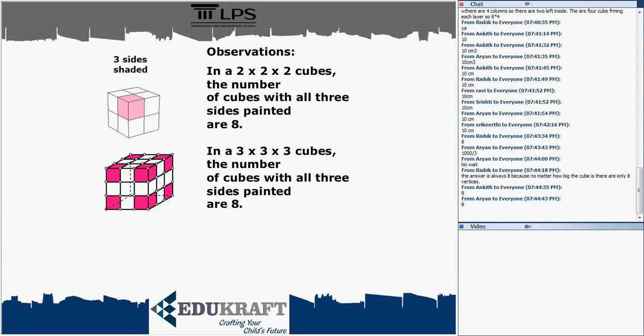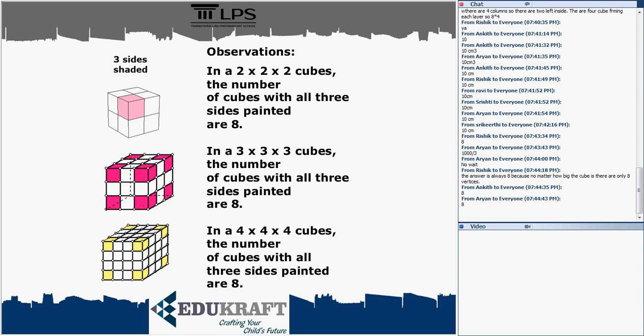In a 3 by 3 cube, the cubes with three sides painted are going to be once again 8. In a 4 by 4 cube, the cubes with three sides painted are also going to be 8. Whatever type it is, 3.